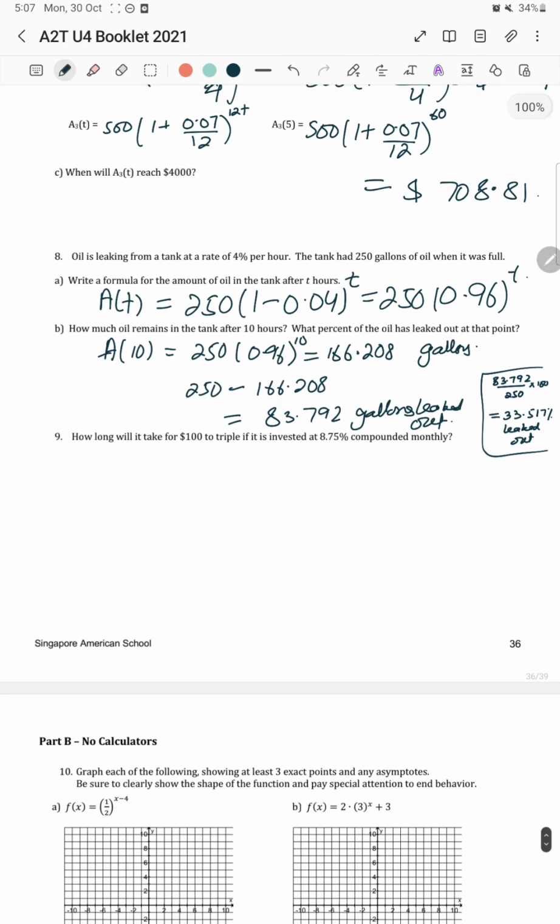Okay. How long will it take for $100 to triple if it is invested at 8.75% compounded monthly?